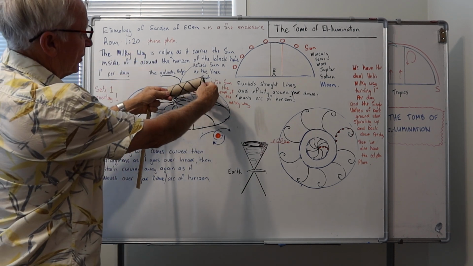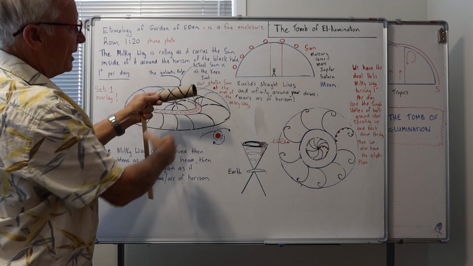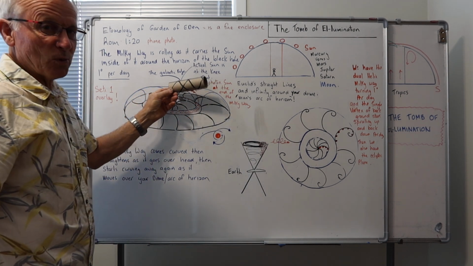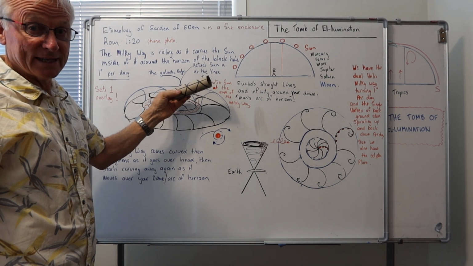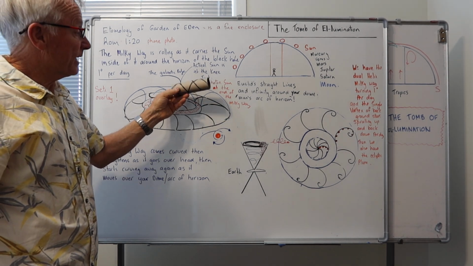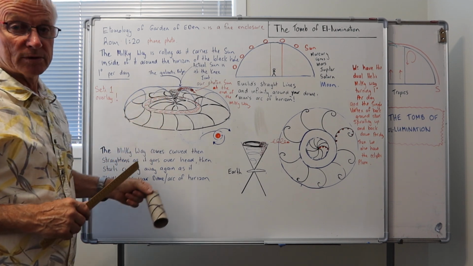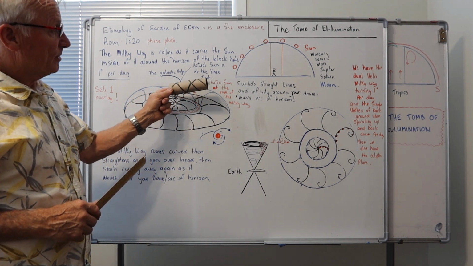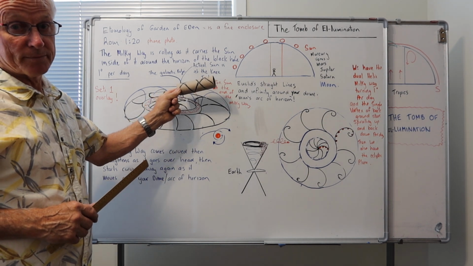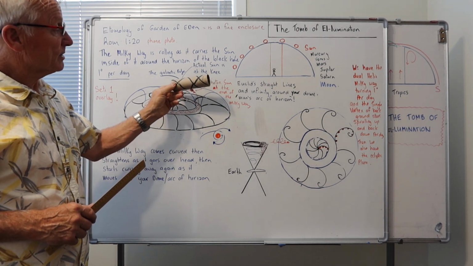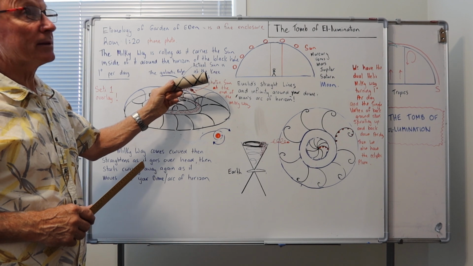And at the same time the Milky Way is moving, but the Milky Way is rolling 1 degree per day. Not even that. To make up for the whole yearly cycle of the precession of the equinoxes and all that. This Milky Way is rolling 1 degree a month, is it?